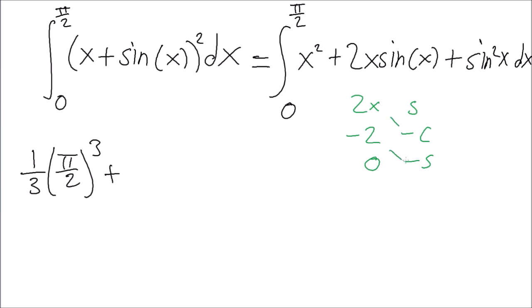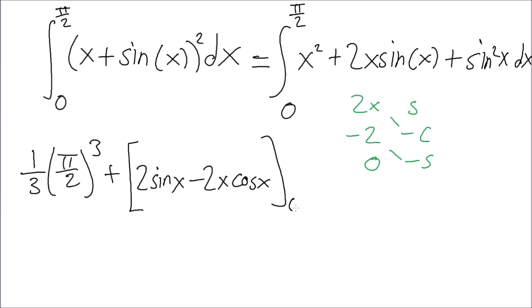We're done. It's just this. So our integral is just 2 sine of x minus 2x cosine of x. Okay, and we just compute that from 0 to pi over 2.